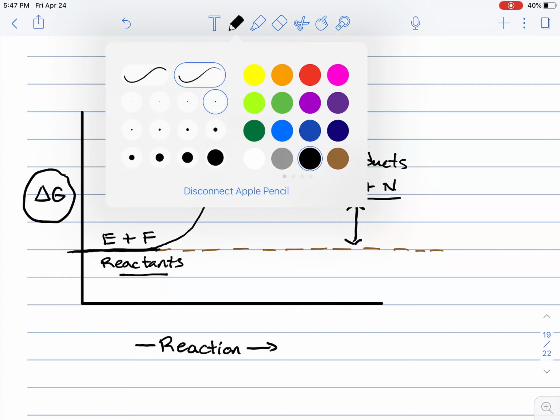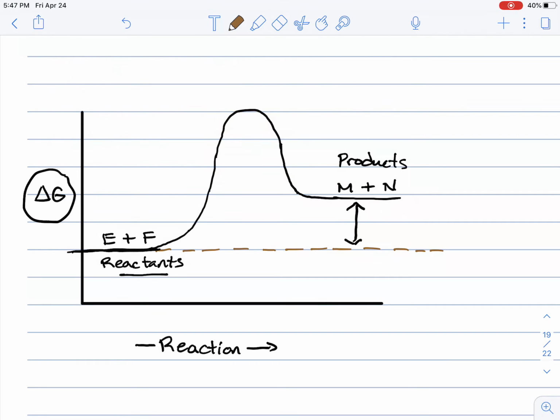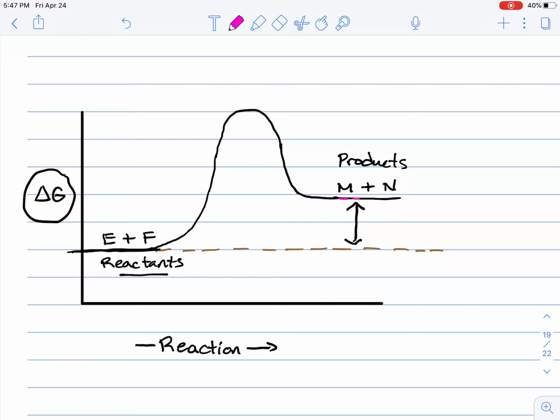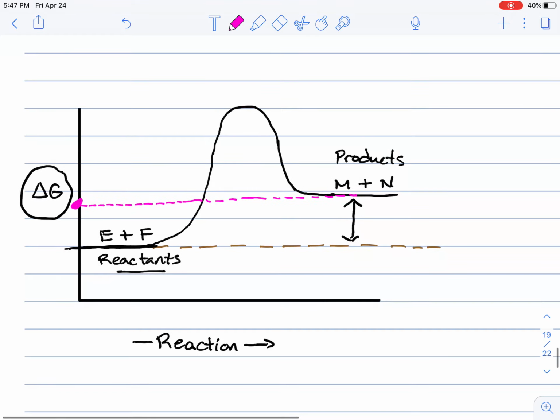And so if we were to extrapolate, and maybe I'll do this in a different color, notice that the free energy for the products is much higher than the free energy of the reactants.